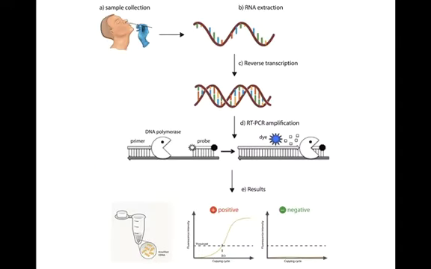So here is a specific example. Sample is collected, RNA is isolated from the sample, then RNA is reverse transcribed, and after the reverse transcription, again the DNA polymerase amplifies a specific targeted gene in the coronavirus.